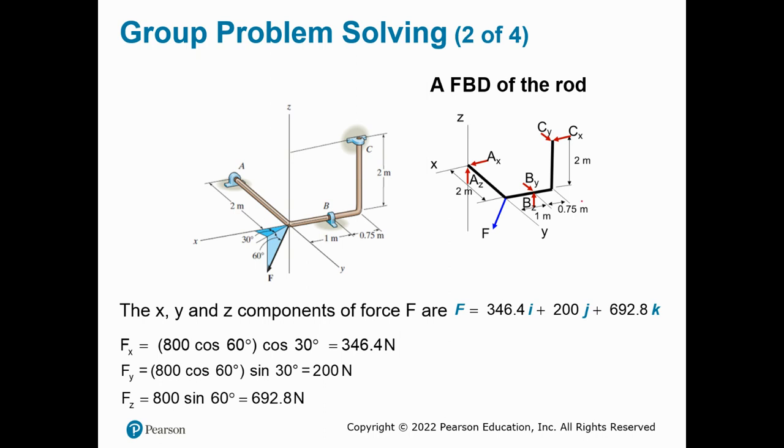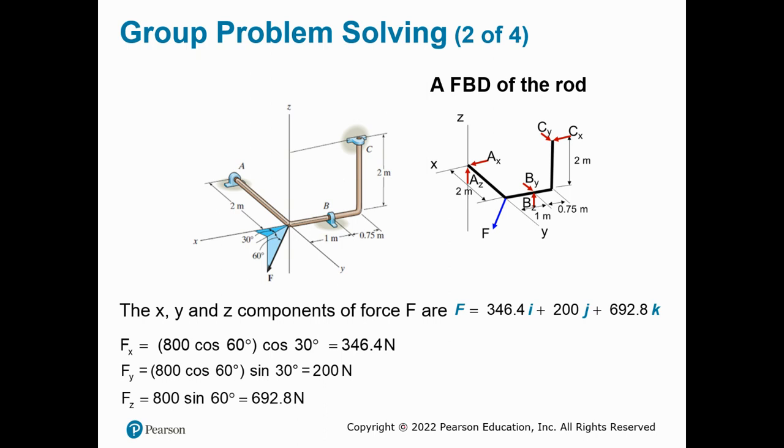B, same thing. You have your BY and your BZ, but there's no BX because along the x direction, it's free to roll. C, similarly, you have CX and CY, but there's no CZ because along the z direction, there's no constraint. It's free to roll in that z direction.